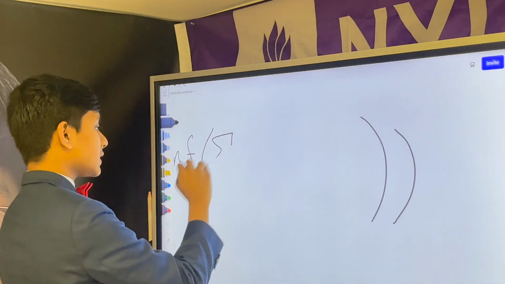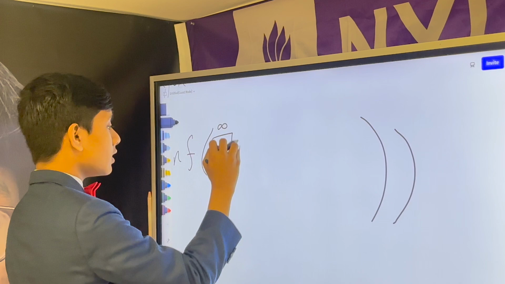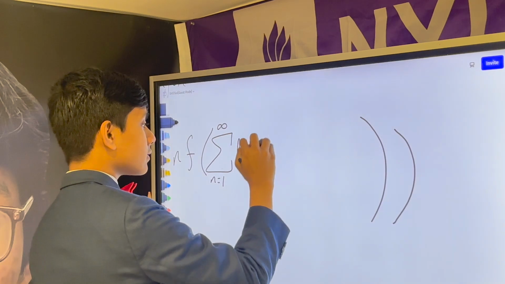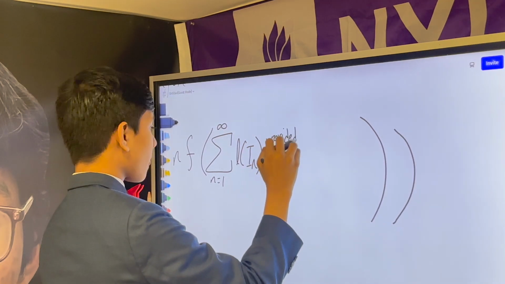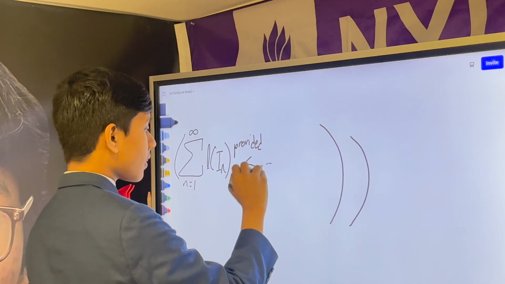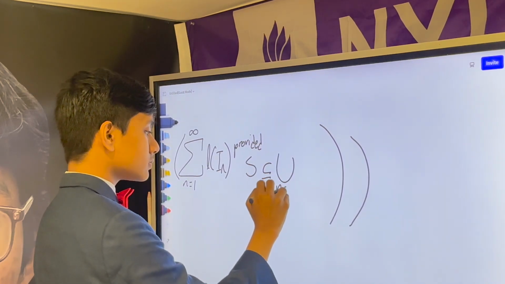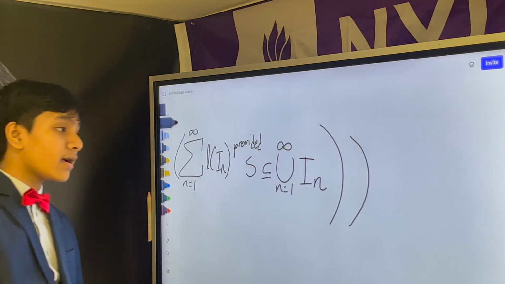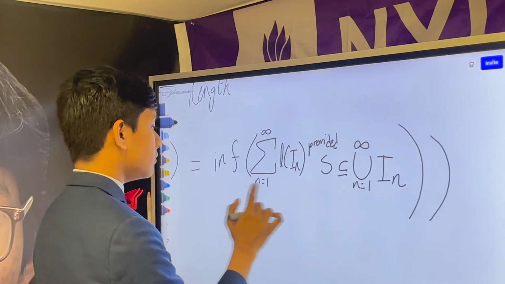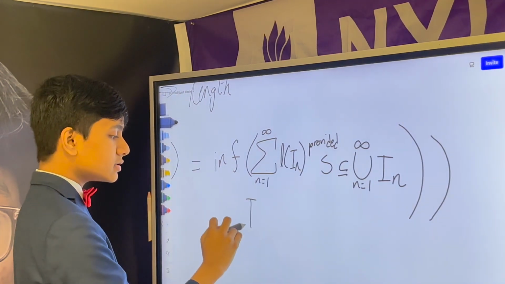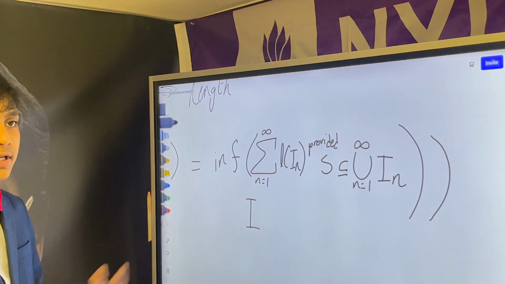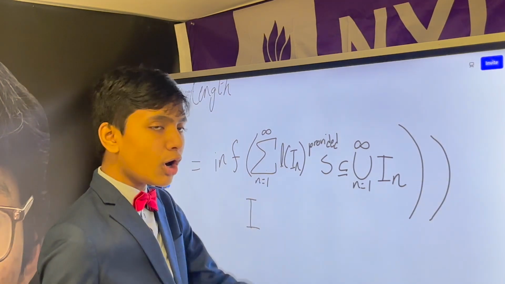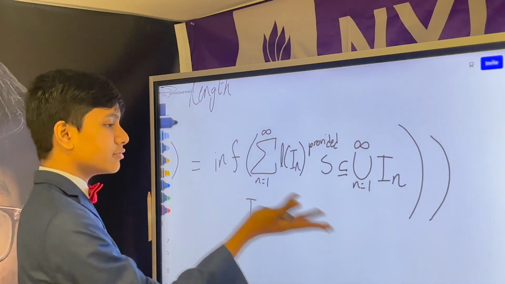Okay, the sum from n equals 1 to infinity of the length of IN, provided S is a subset of the union of all sets IN. Okay, so we can find some sequence I, we can make it up, and the sequence we can make up such that this is the smallest, we're going to go with that value, right?